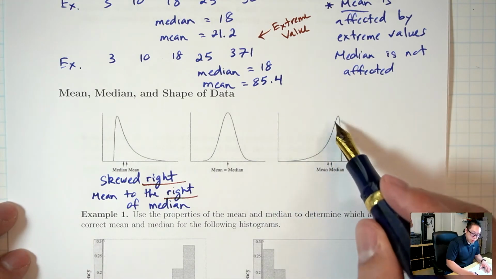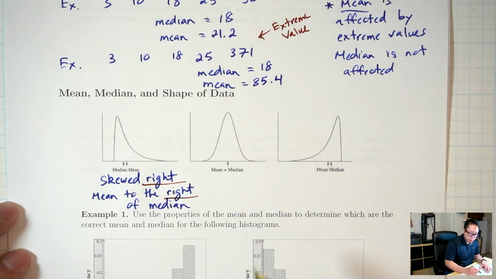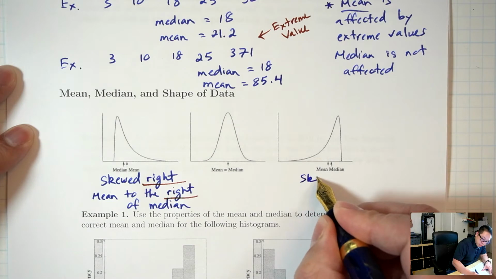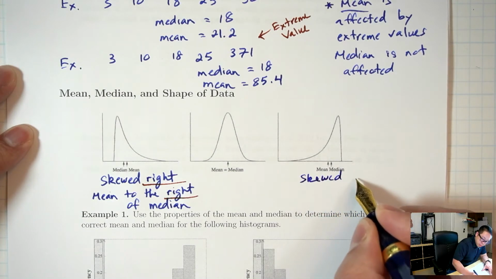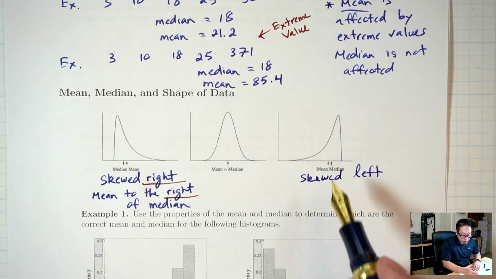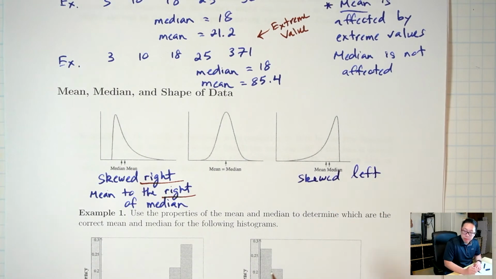Picture right here, the tail is on the left side. So if the tail is on the left side, it's called skewed left. When your data is skewed left, the mean is to the left of the median.